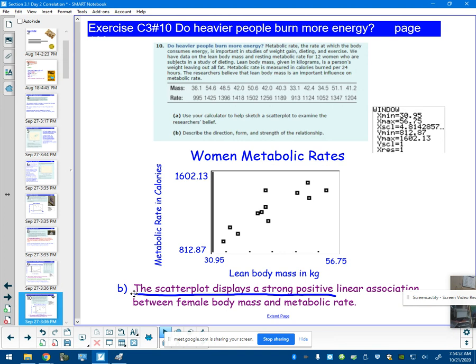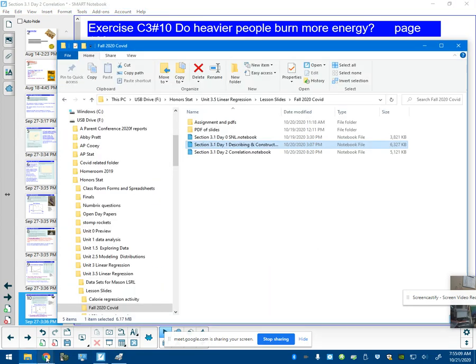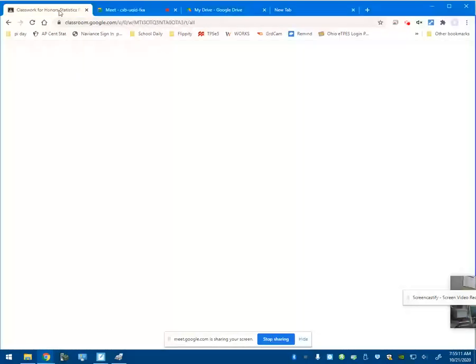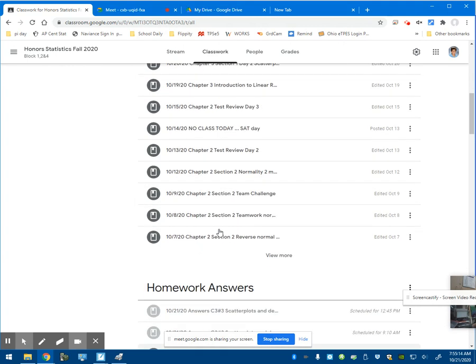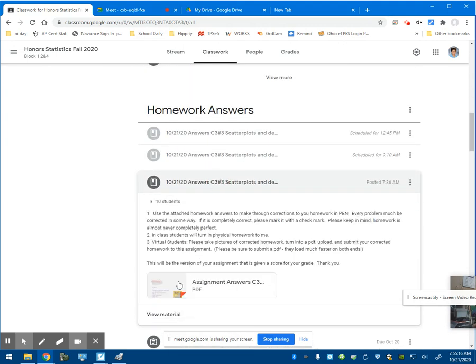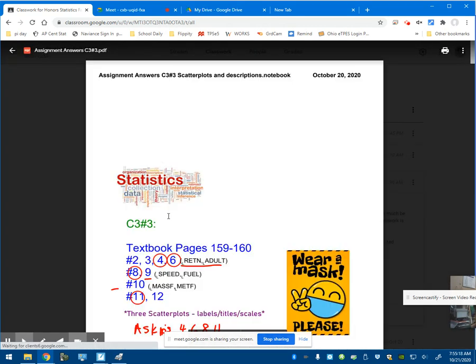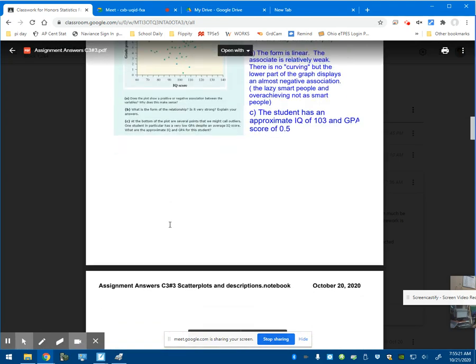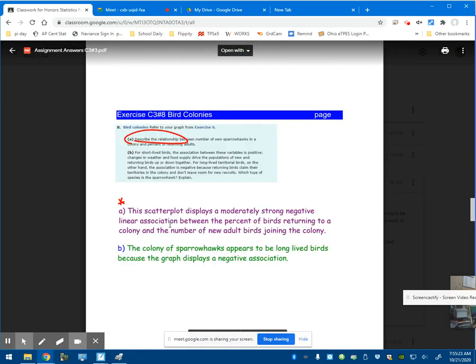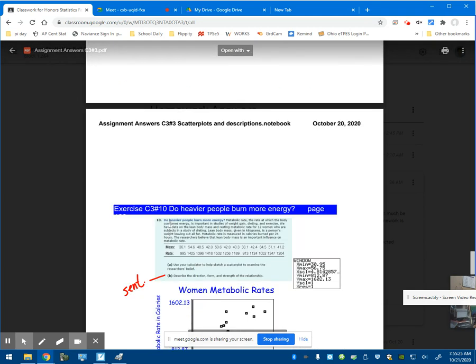And I probably could have put a little bit more detail into that one. And I think I did on the one, oh, I know where it is. On the one you're using to grade, there is more detail. And I can show you right here. If I go to this and go down to homework answers, number 10 does have more detail than what I have up here.